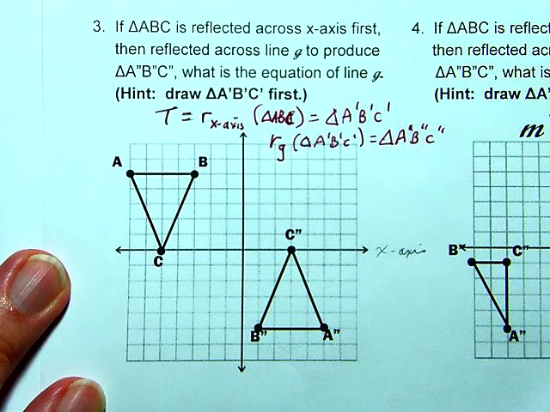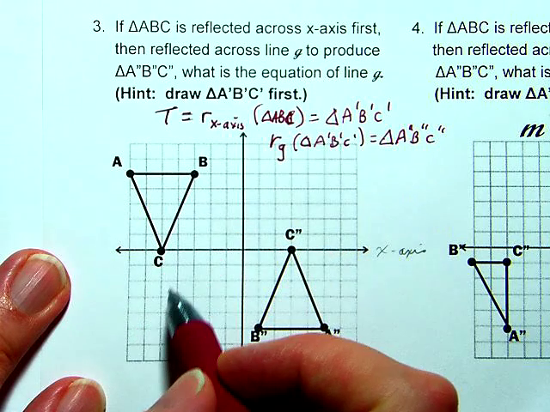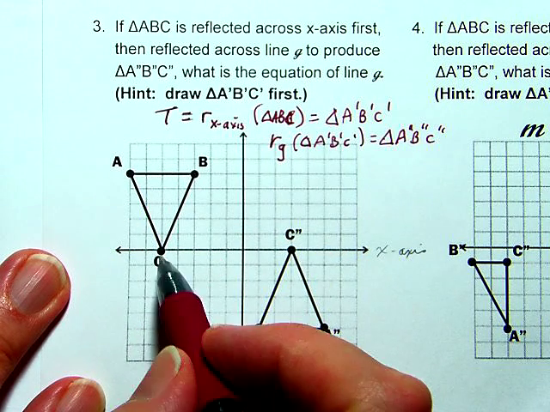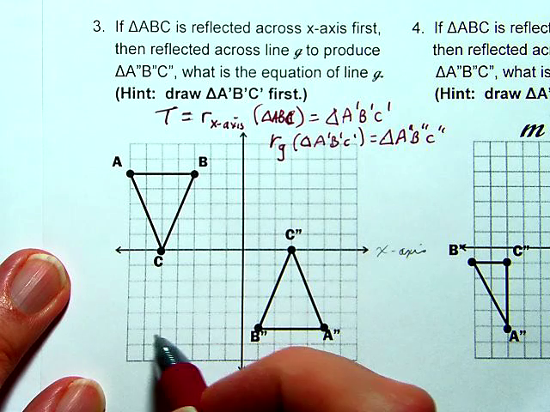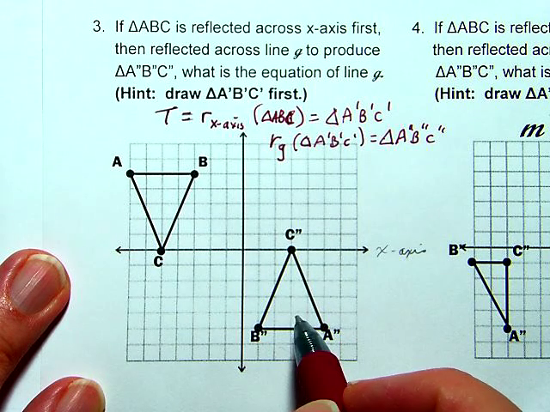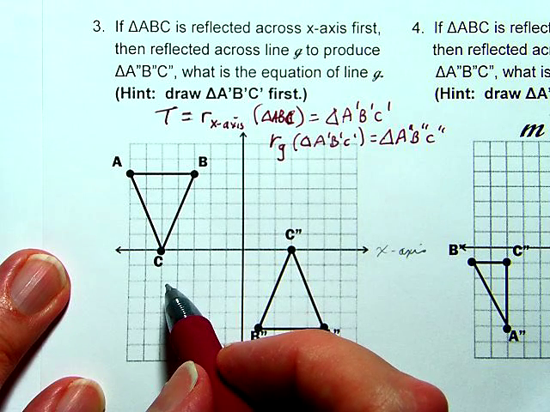So there are two transformations. This is the pre-image of the first. The image of the first transformation we have to draw in. And then that becomes the pre-image for a second transformation, which then leads to this final triangle. So there's a missing link. We've got to fill in the missing link.